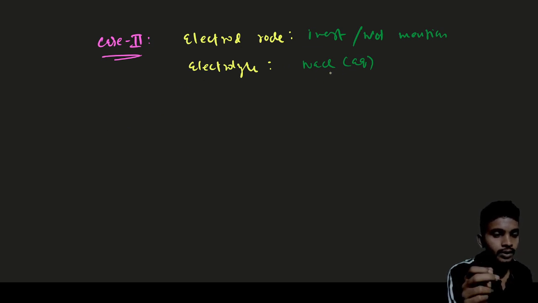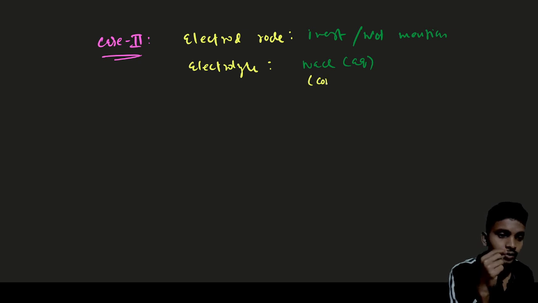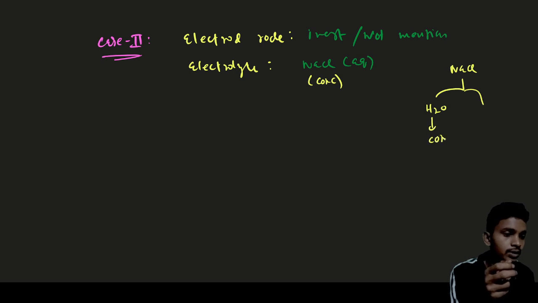And aqueous NaCl means just concentrated, not a huge amount of water is added, just the concentration of NaCl, but water is there. If you add only a little amount of water, then it is concentrated.